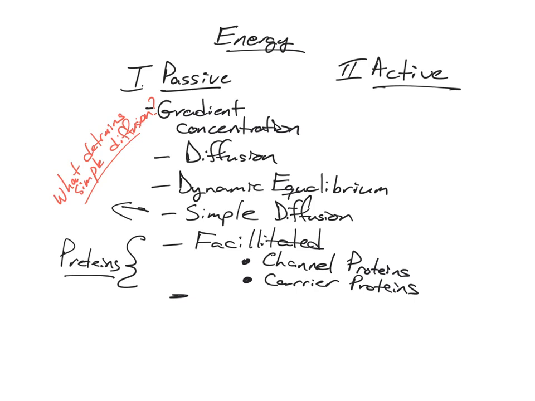That things move from one side to the other randomly without any extra energy, and high to low. And in a bilipid layer, when we're talking about a cell, what kinds of things cross, right? And what are those things that cross by simple diffusion? Small and non-polar.